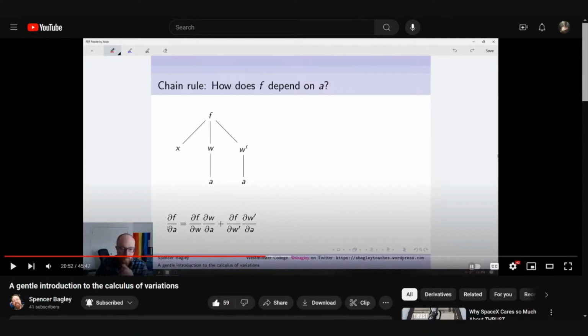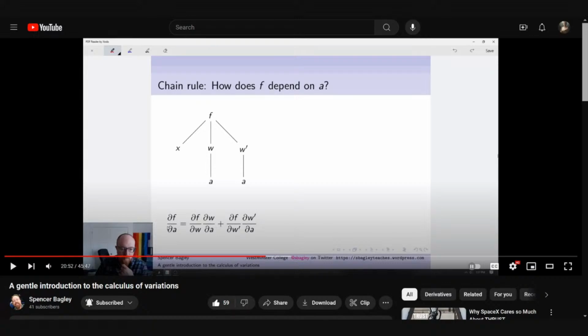Oh, okay. So this is the Lagrange, I think. So f is dependent on x, w, and w prime, where w also is y and a and eta.